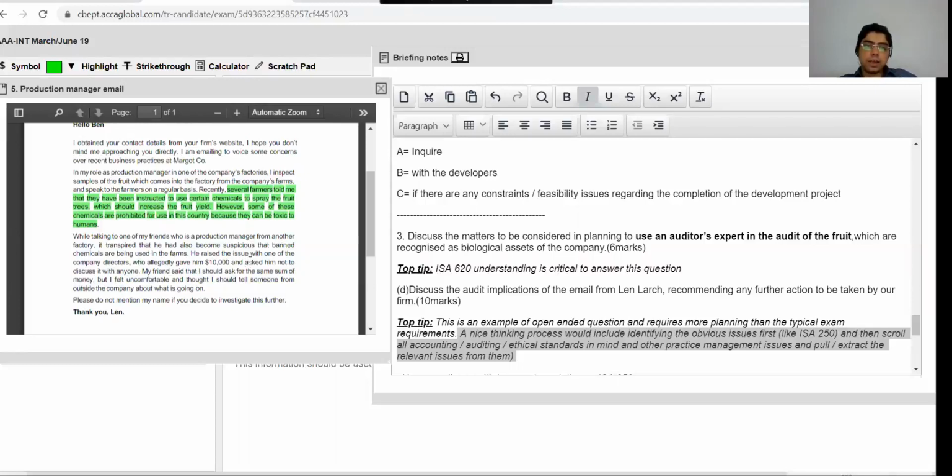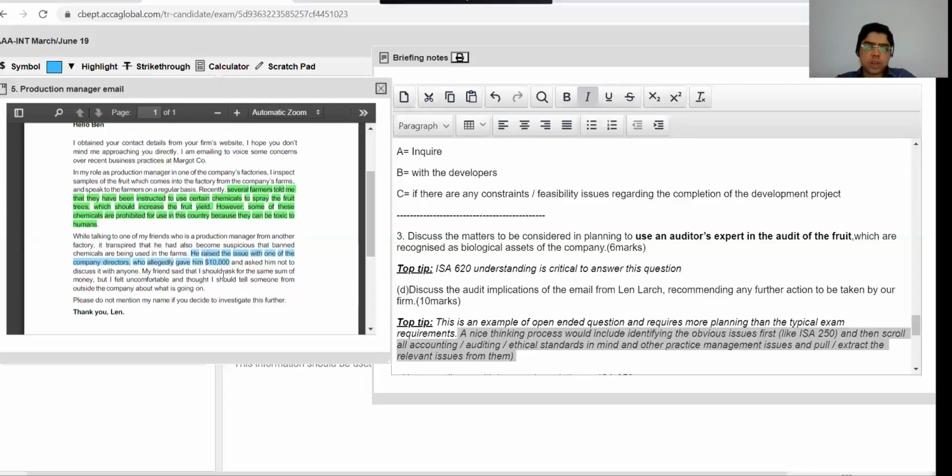He raised the issue with one of the company directors who allegedly gave him $10,000 and asked him not to discuss it with anyone. It means this is being done intentionally. So I think I should be highlighting that too. It's not an isolated issue. Plus, when raised, he was allegedly given $10,000.